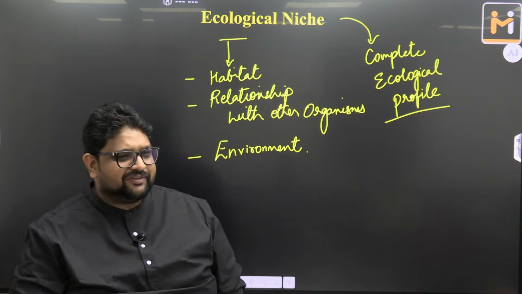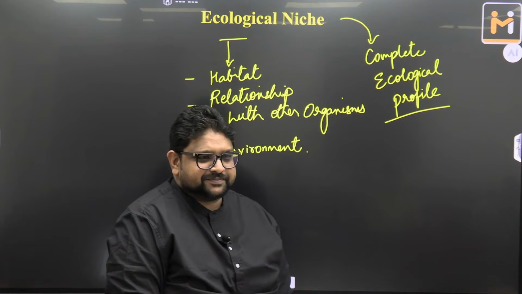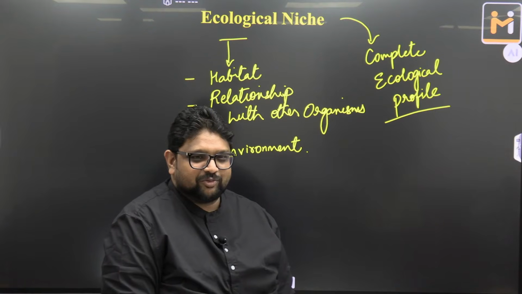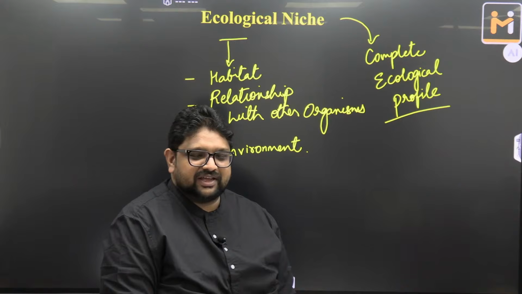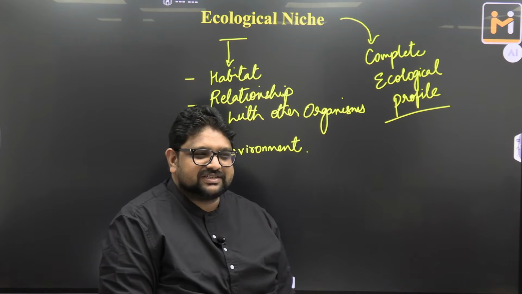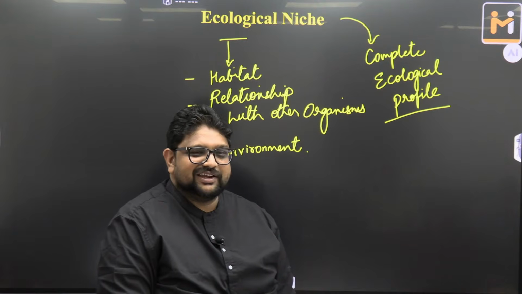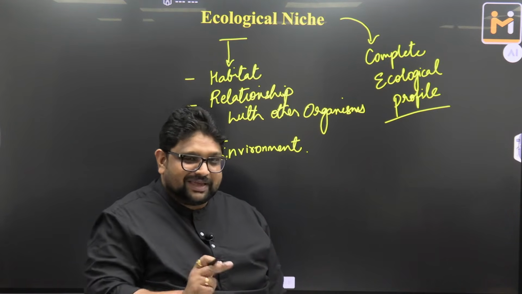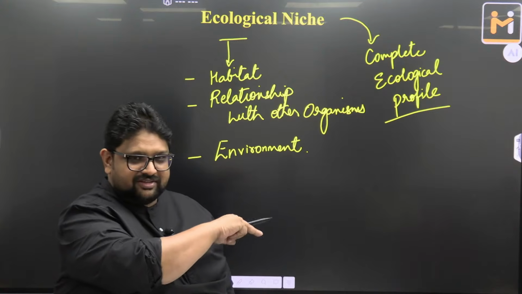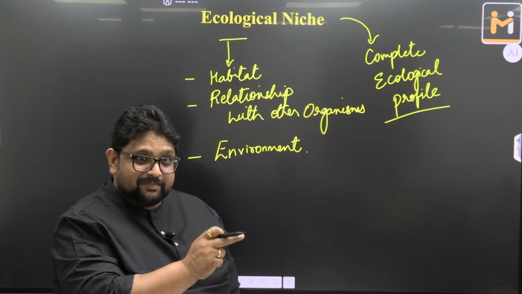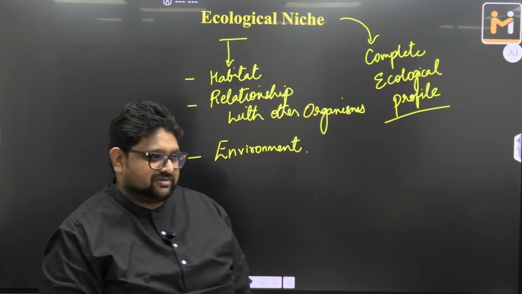What is the role of the deer? What is the ecological niche of deer? Niche is not very simple, it is really complicated. The niche of deer is to become food for the carnivores and help in maintaining the population of carnivores.